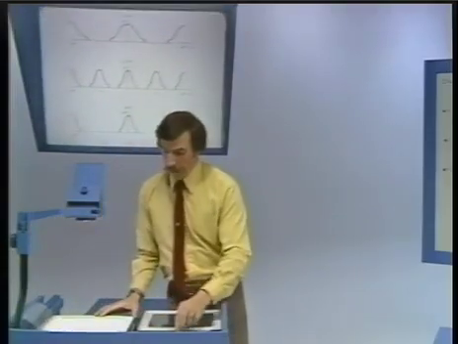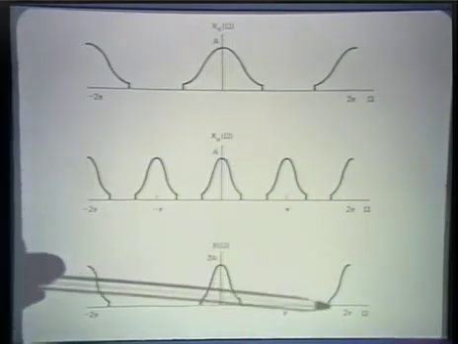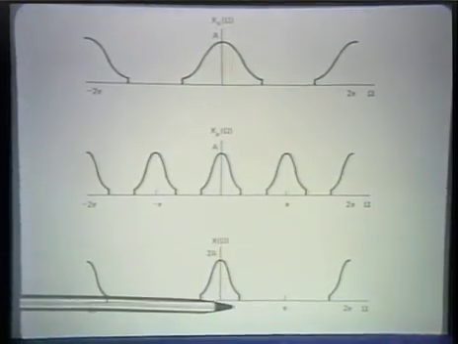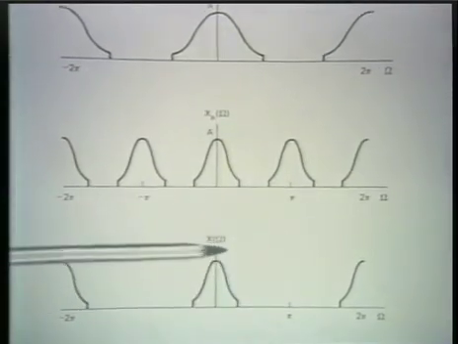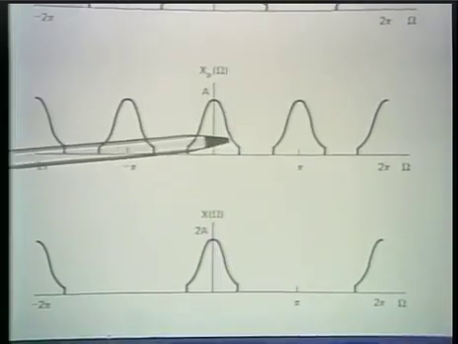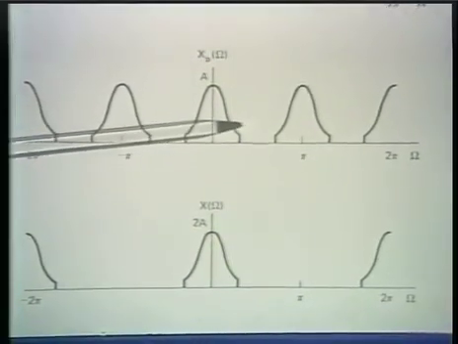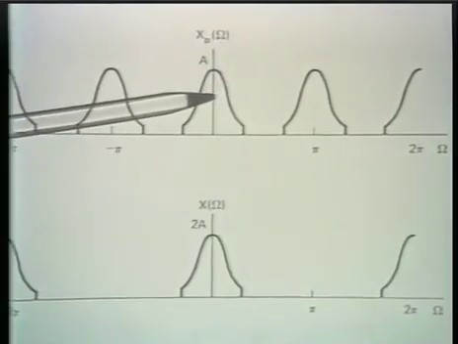In the frequency domain, we have, to begin with, the spectrum on the bottom, which would correspond to the original spectrum. Then, through the sampling process, that is periodically replicated. Again, this is drawn on the assumption that the sampling frequency is pi, or the sampling period is equal to 2.